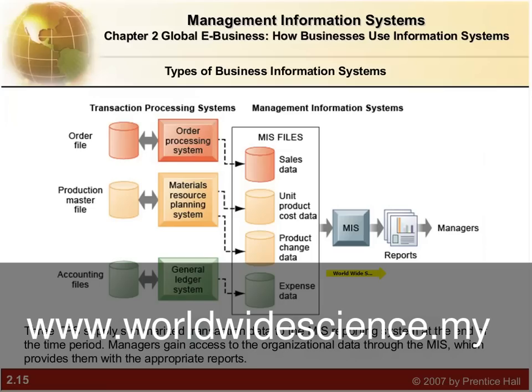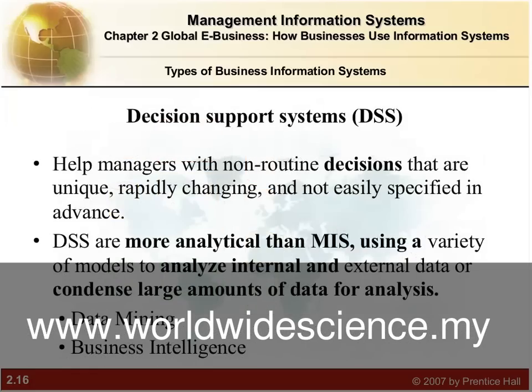DSS is going to answer more complicated questions and solve non-routine problems in a complex situation. DSS helps managers with, as you can see here, non-routine decisions that are unique, rapidly changing, and not easily specified in advance.